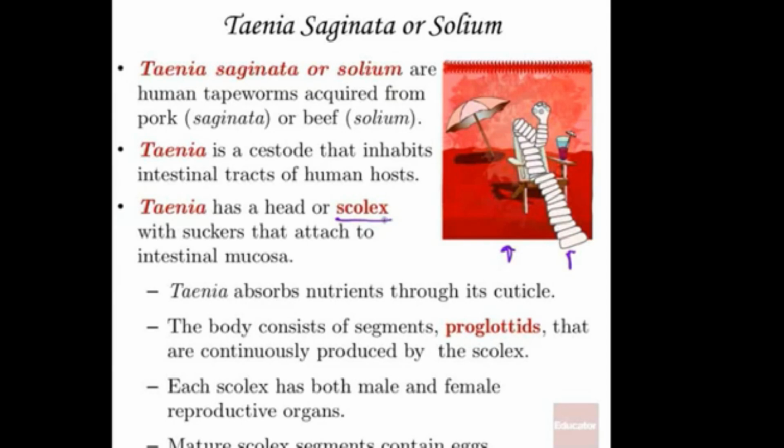Each of these segments has both male and female reproductive organs, and basically they can produce eggs. So when, for instance, the proglottids are shed, they already have a pre-equipped sack of eggs, right, that can turn around and become more tapeworms. So these mature segments actually contain eggs, and these eggs can go on to other life stages.